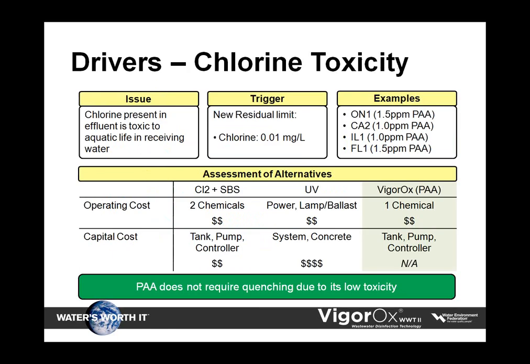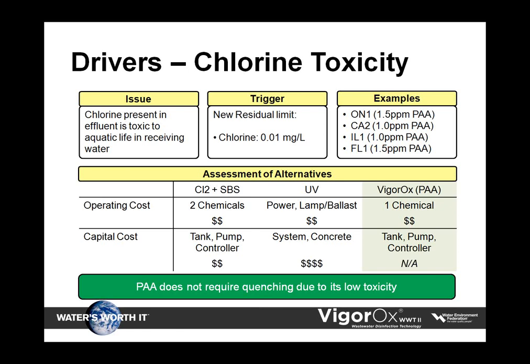In our first case, plants using chlorination had to comply with a new chlorine limit of 0.01 ppm. In order to meet this limit, plants like Florida 1, Ontario 1, Illinois 1 were considering addition of a dechlorination step by feeding sodium bisulfite before discharge. The additional cost of dechlorination drove the cities to evaluate alternatives like UV disinfection and Vigorox PAA.